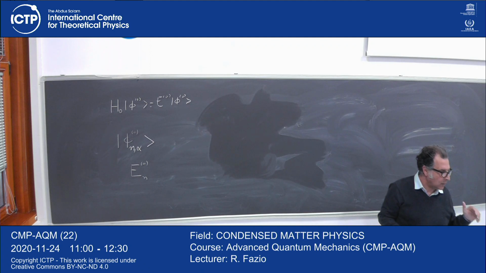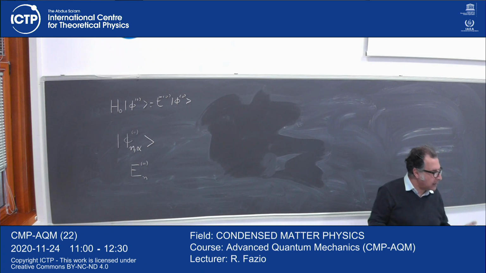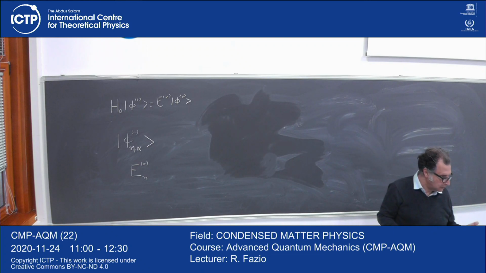So the principal quantum number n, and then L, M, and MS. Right. So L corresponds to what? To the eigenvalue of the angular momentum, and M to the projection of the angular momentum on the z-axis.